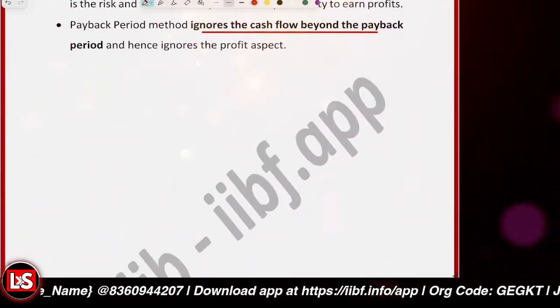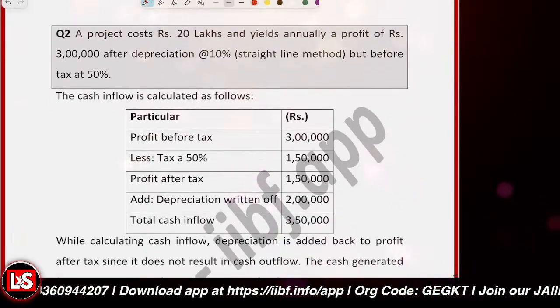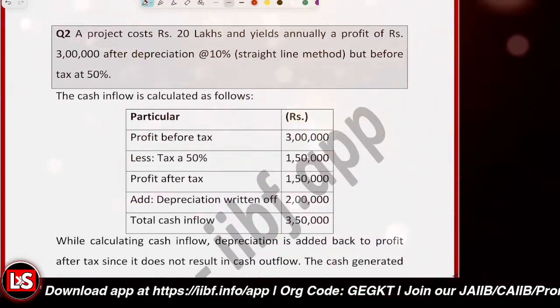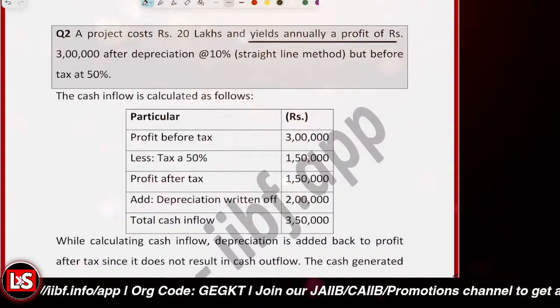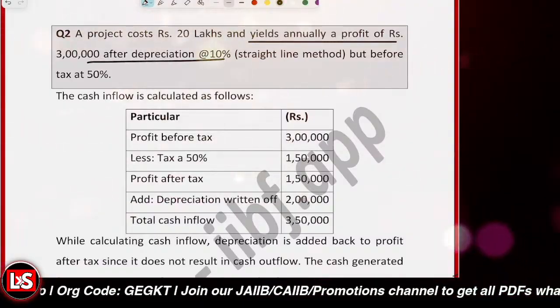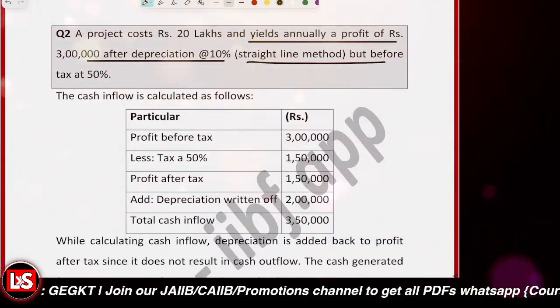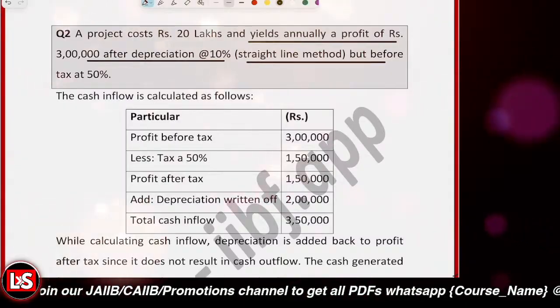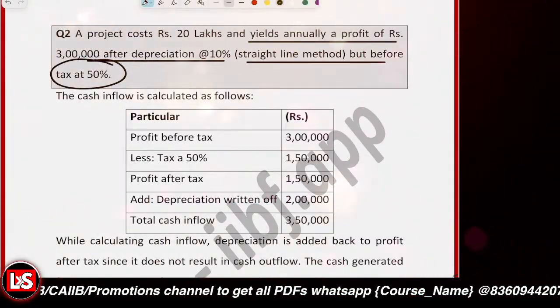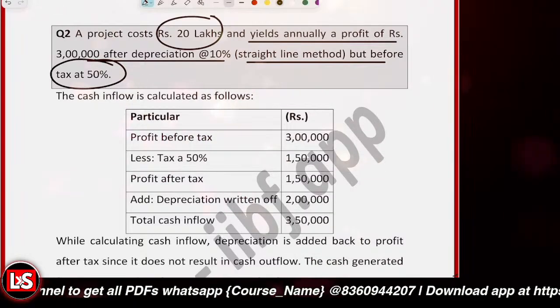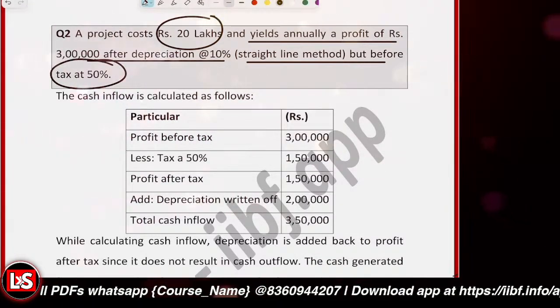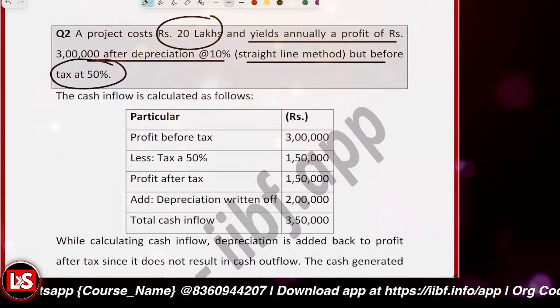So the second question says a project costing rupees 20 lakh yields annually a profit of rupees 3 lakh after depreciation. Straight line method of depreciation is used, but before tax at 50%. So the project cost is 20 lakh rupees, with an annual profit of rupees 3 lakh after depreciation.